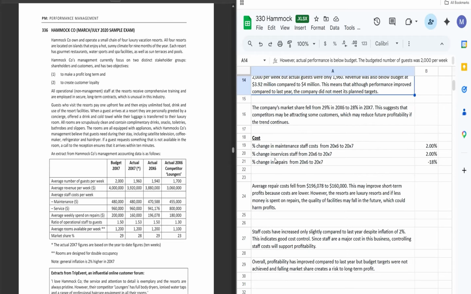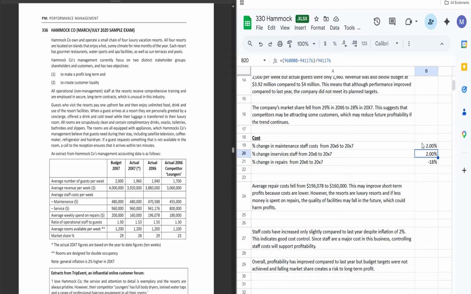So you can see, I have just calculated the percentage change in the costs provided in the question. If you look at the maintenance cost compared to last year and the current year, it has increased by 2%.